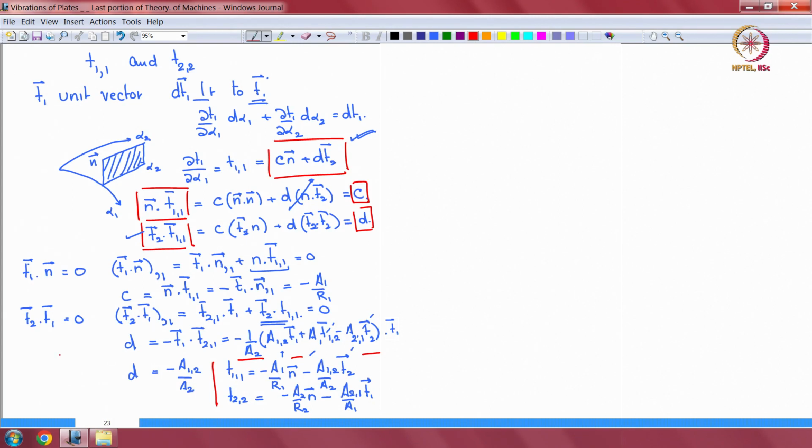What were those? These are components of this actually. So, this plus this will be 0, if you can try this out.